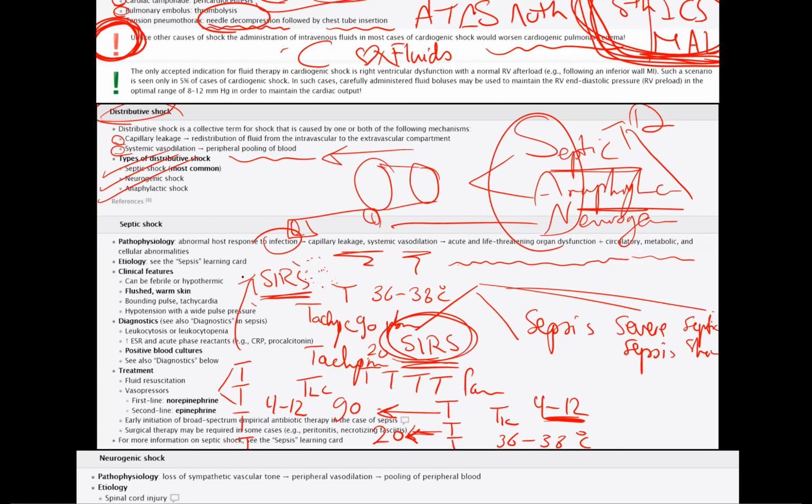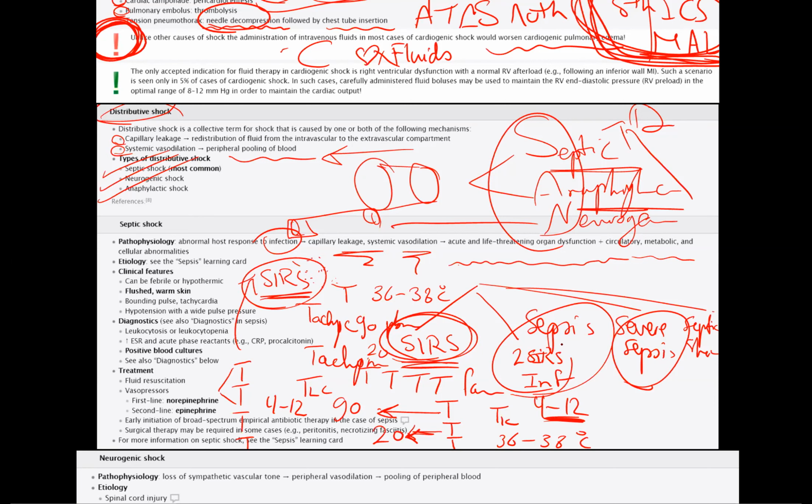If we have two features of SIRS plus confirmed or suspected infection, this is called sepsis. But what about severe sepsis?